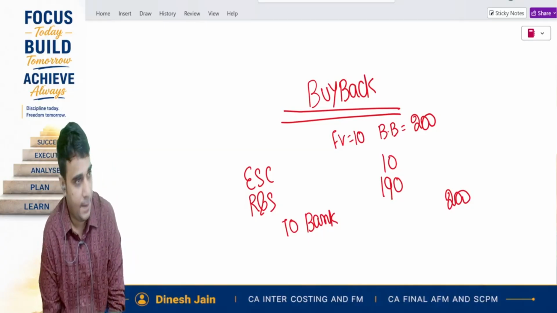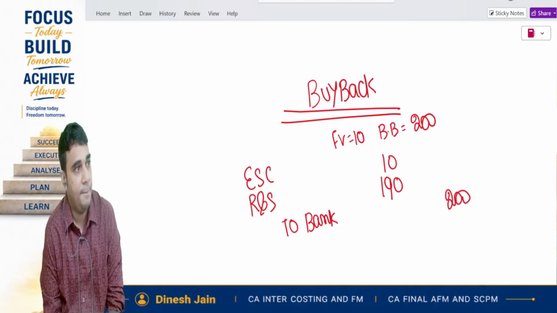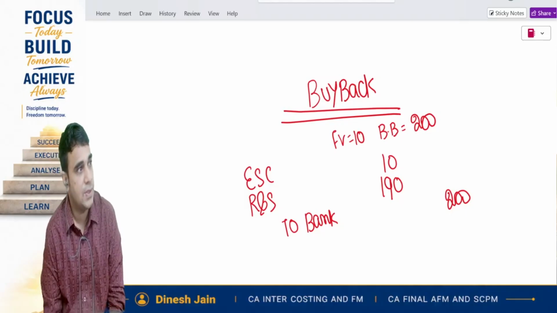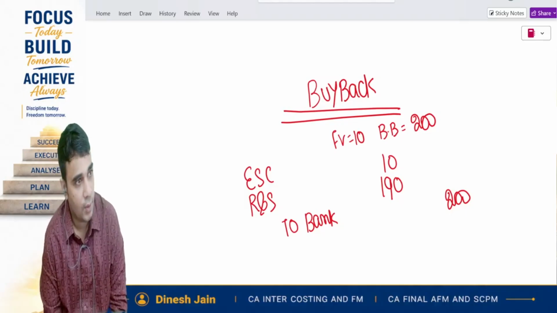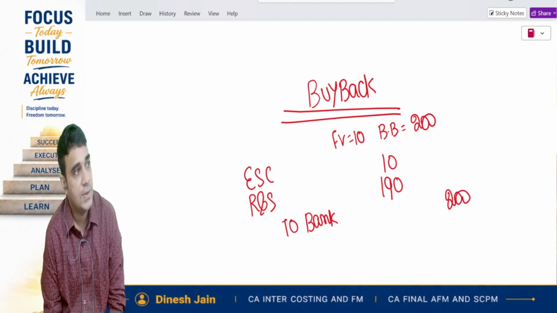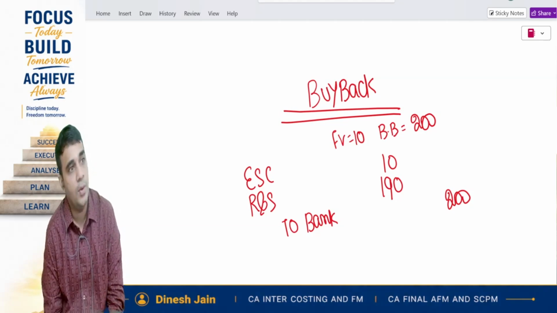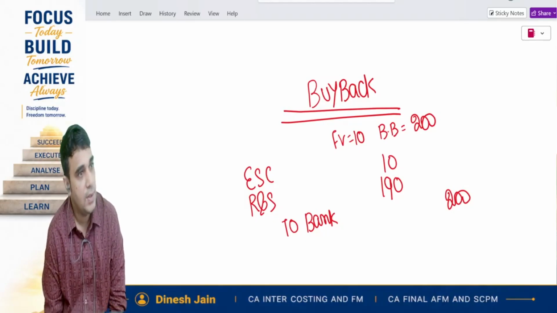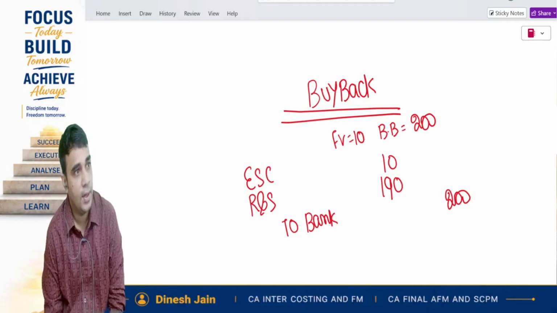Whenever a buyback happens, you will see equity share capital going down and reserves and surplus going down, to bank account.